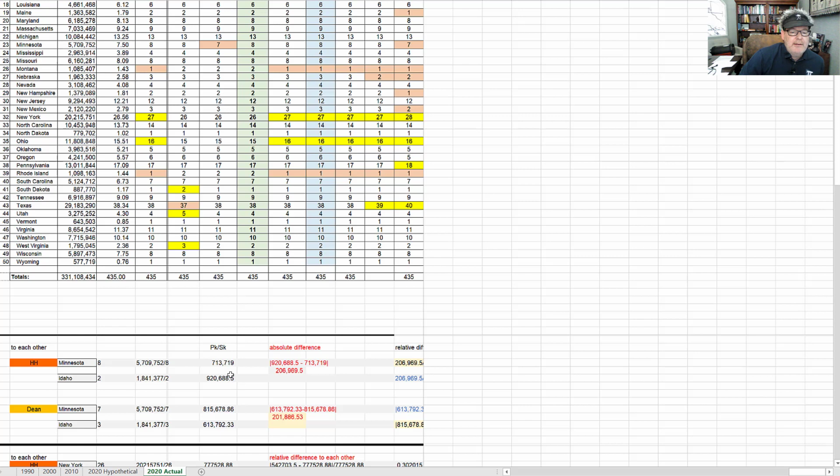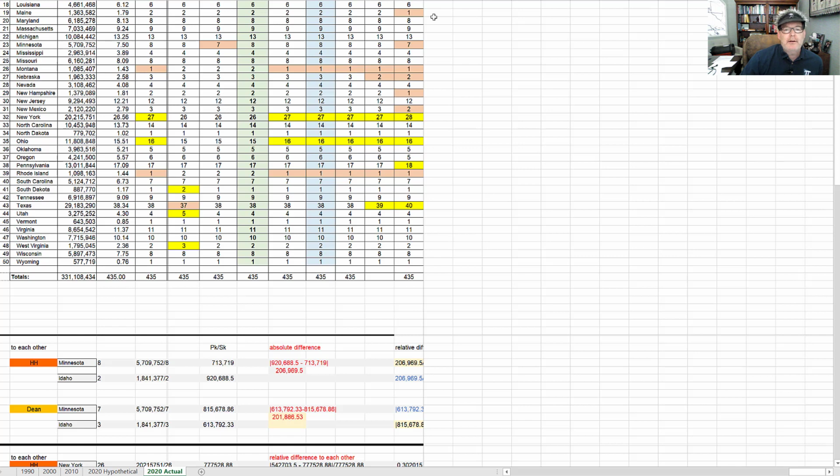Well, I can take the absolute difference, and that's 206,000, almost 207,000 this way. And then compared to Dean, if I take the people, divide by the number of seats, I get people per seat for each state. Take the absolute difference, I get 201,000. So again, Dean minimizes that.